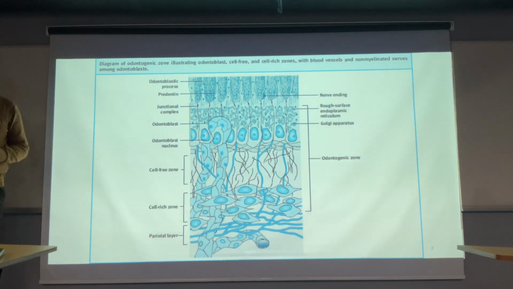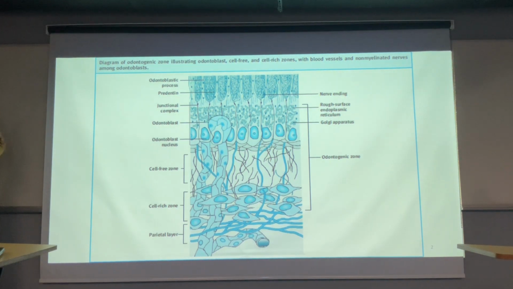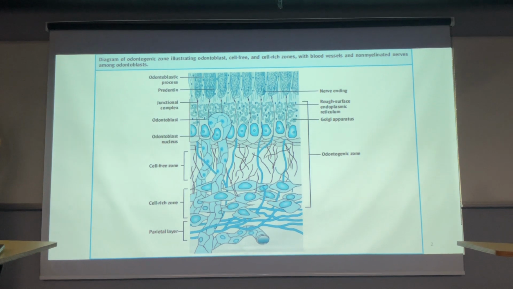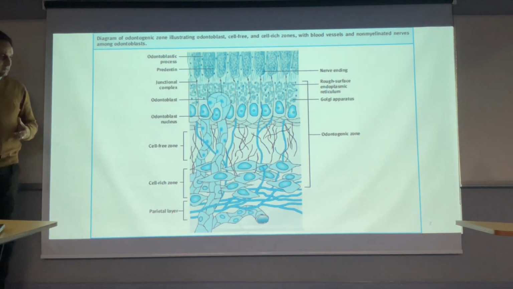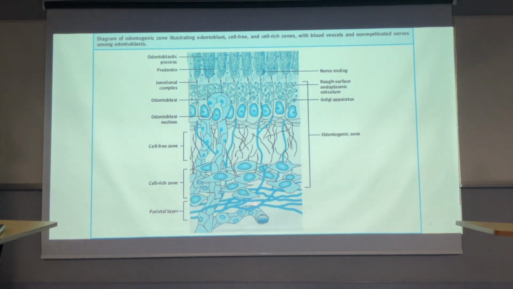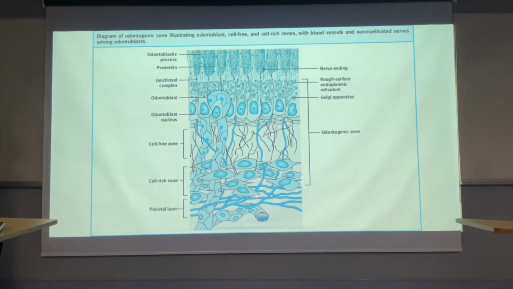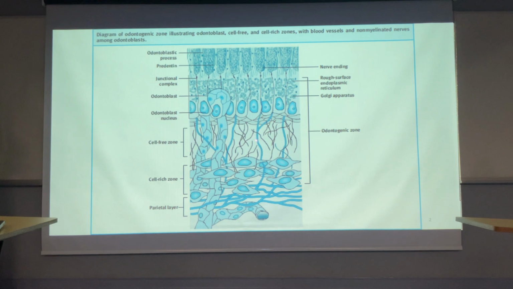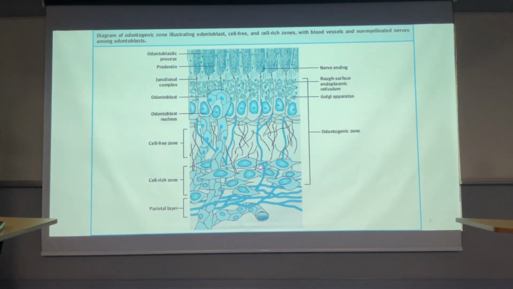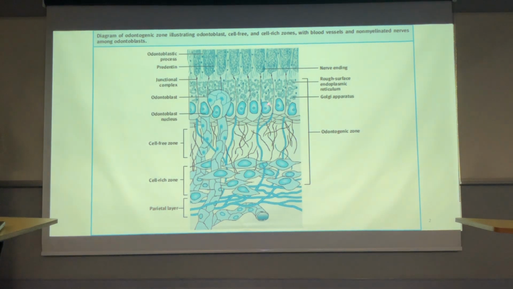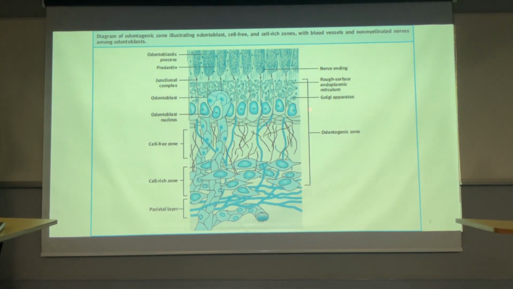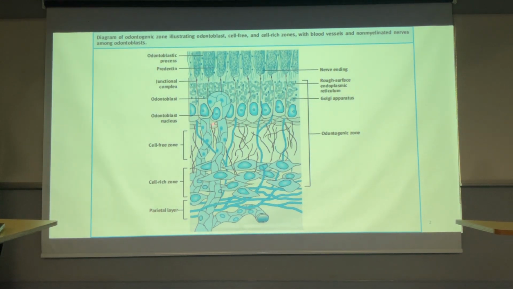In the parietal layer, we have a high amount of nerve fibers, peripheral nerve fibers. You can see tracts of nerve fibers. Nerve fibers continue in this part, and from this layer some branches rise and cross the cell-rich zone and cell-free zone, and reach the odontoblast cells, okay?